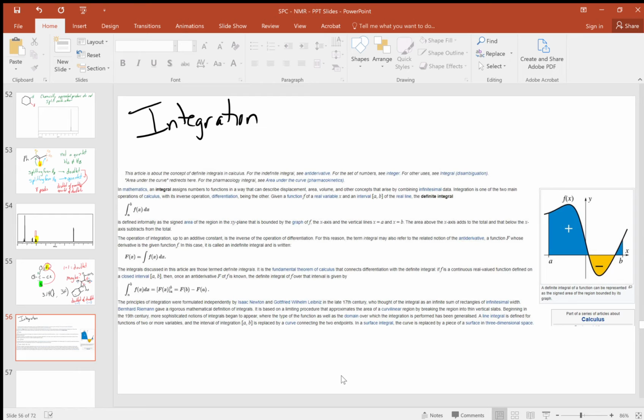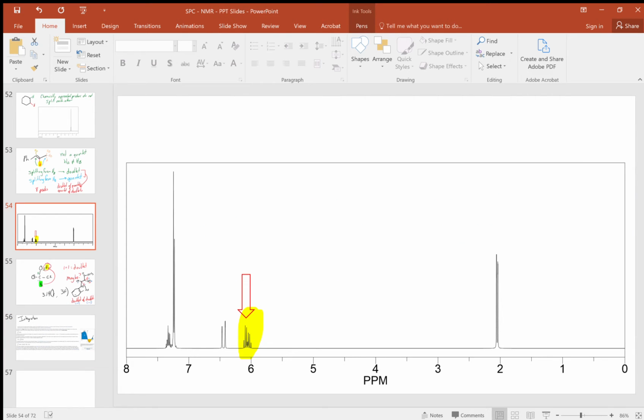And so if we look back at any of these NMR spectra that we've seen so far, and we look carefully at them, you can see these peaks aren't just lines. There's actually space under them. And so we could calculate the area that's under these peaks.